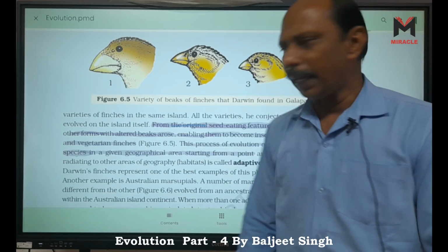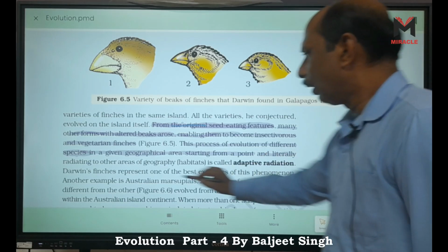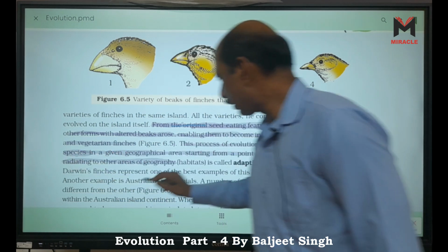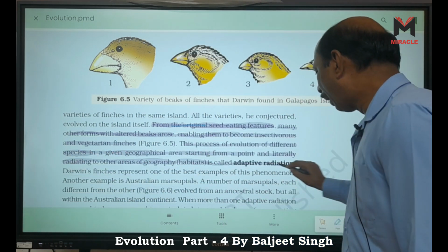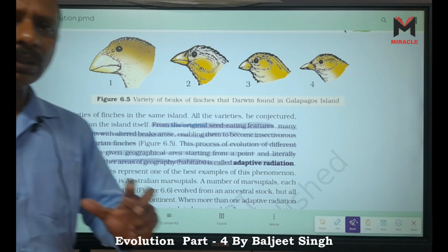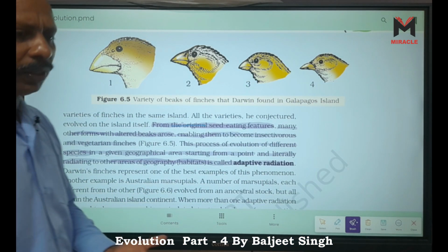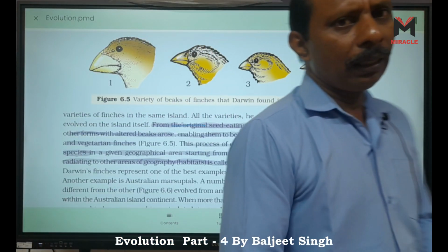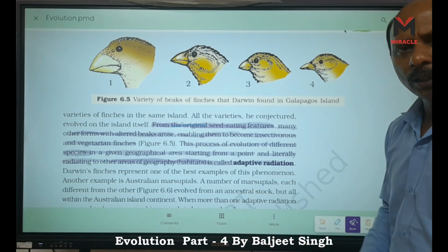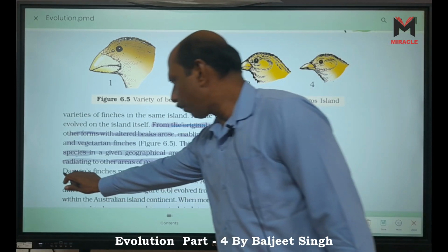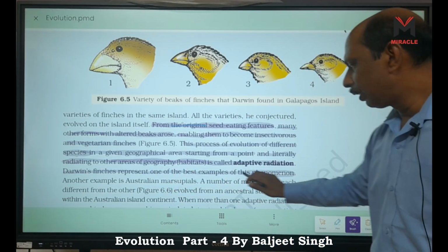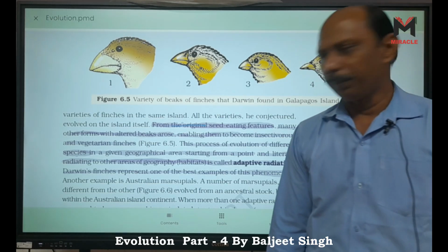Starting from a single ancestor and radiating to other habitats is called adaptive radiation. According to habitat and geography, they form specific traits and become specific species or subspecies, different from their ancestor. That is called adaptive radiation. Do you understand? Darwin's finches represent one of the best examples of this phenomenon, adaptive radiation.